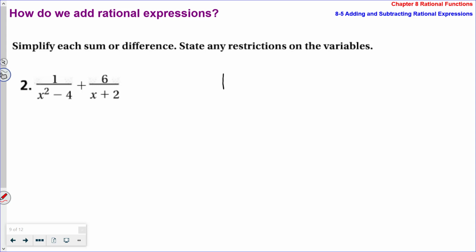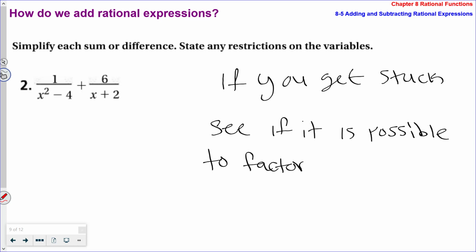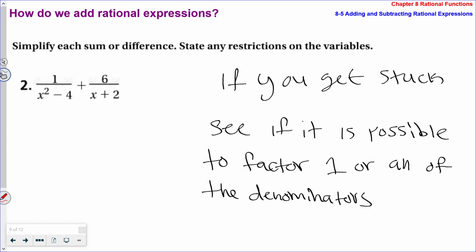If you get stuck, see if it is possible to factor one or all of the denominators. Can you factor one or all of these denominators?